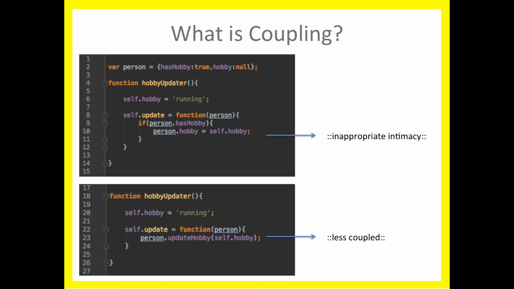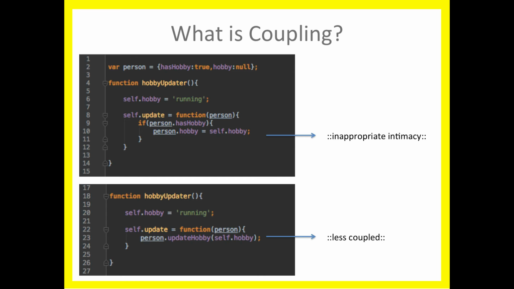The other big thing here, which I forgot to mention, is that it makes it really difficult to modify the hobby updater, because when you have lots of dependencies between two objects, a change to one will force you to change the other. You're more likely to change things like the has hobby and the hobby variable than the update method that updates the hobby, because you've buried all those little rules about whether it needs to do something, whether it has got something, away in a function.